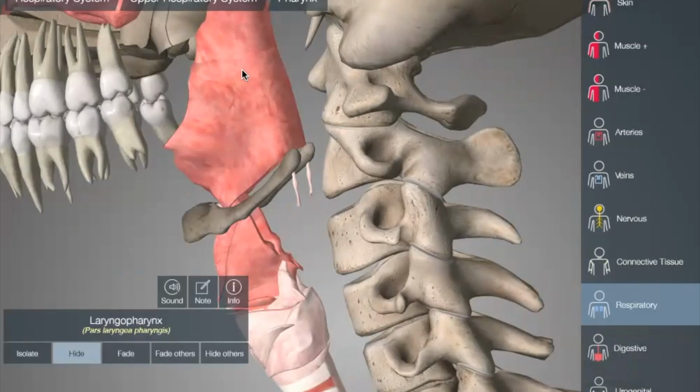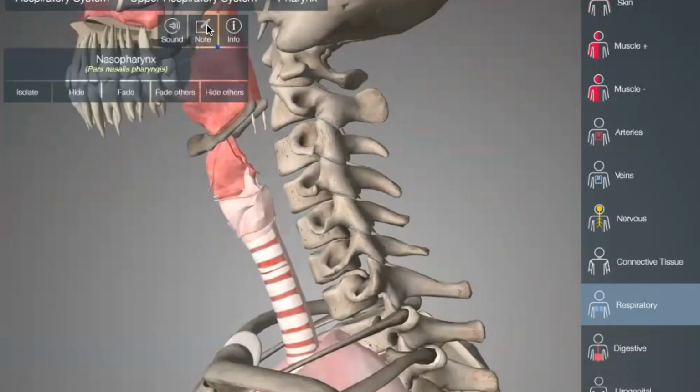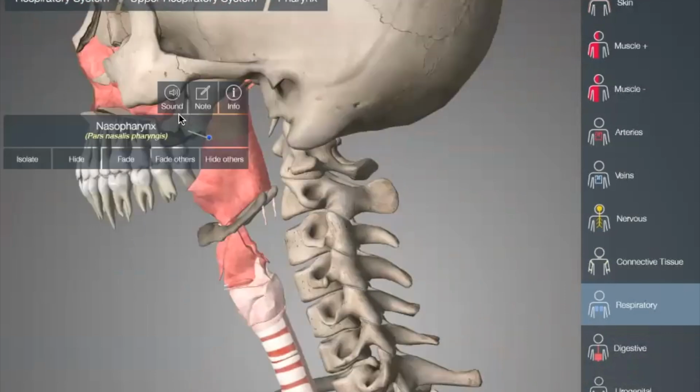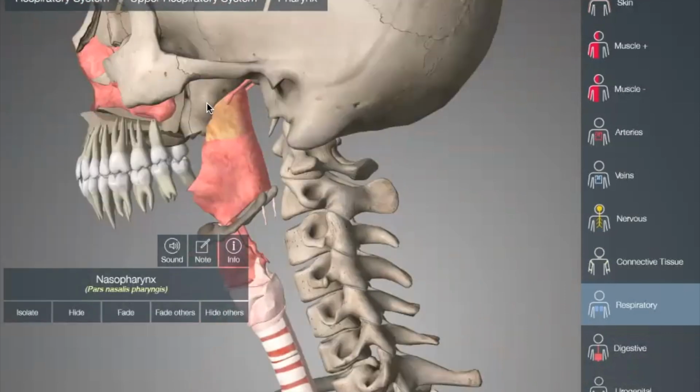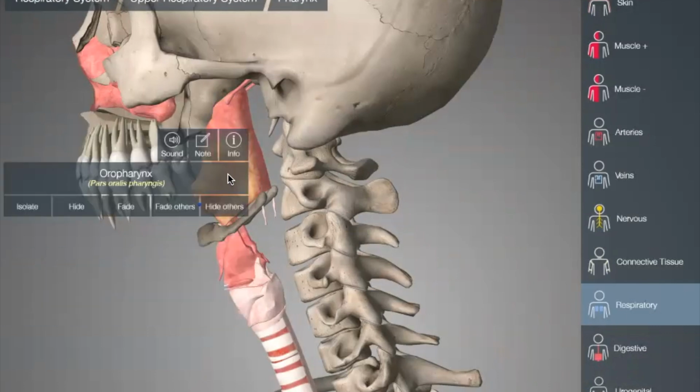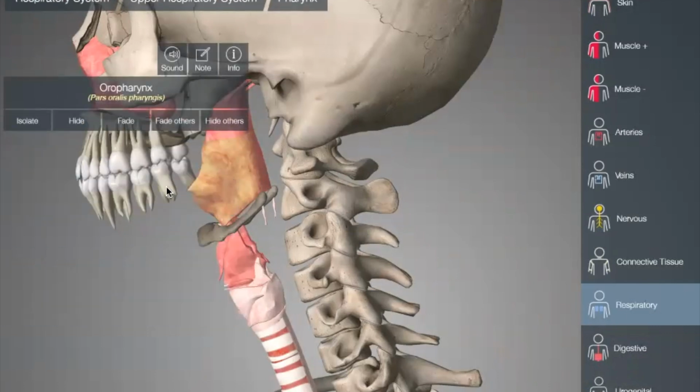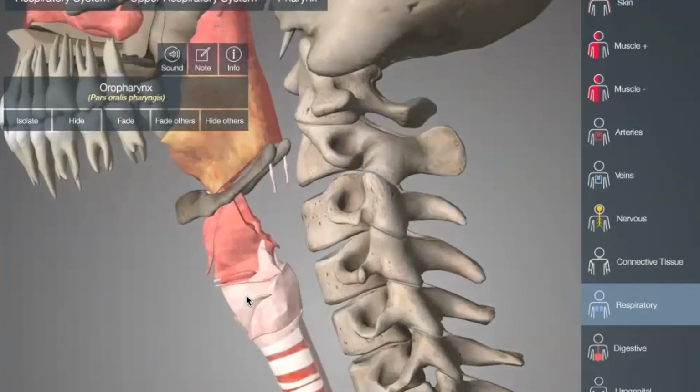The first thing that you enter, if it's through the nose, is the nasopharynx. Okay, you breathe in air. The air goes into the nasopharynx, enters the oropharynx behind the mouth, then enters the laryngopharynx, which is the part of the pharynx that is in close relation or contact with the larynx.